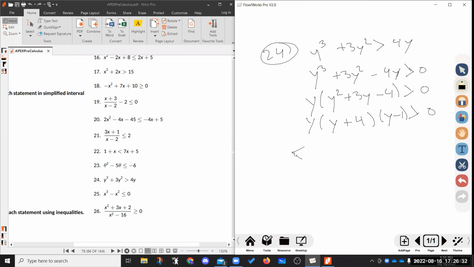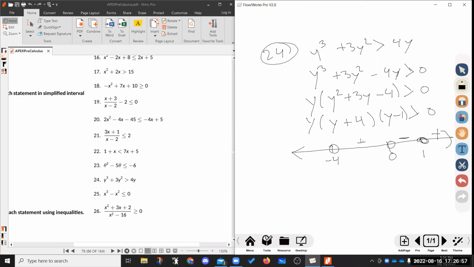So factors. We're going to have open circles everywhere that we have a 0 because the zeros are not included. -4, 0, and 1 are all breakpoints. Over here to the right, when everything is positive, this is positive.